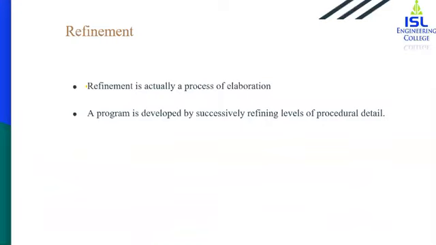The next one is refinement. What is refinement? Refinement is a top-down approach. Now what is going to happen within this top-down approach? Within the first concept we studied, abstraction, I told you that you first begin at a high level of abstraction and then go to a low level of abstraction.